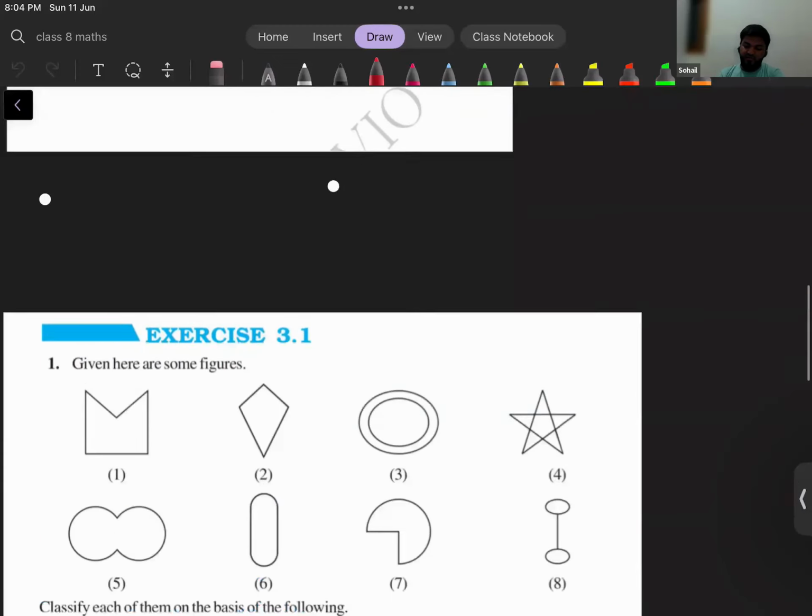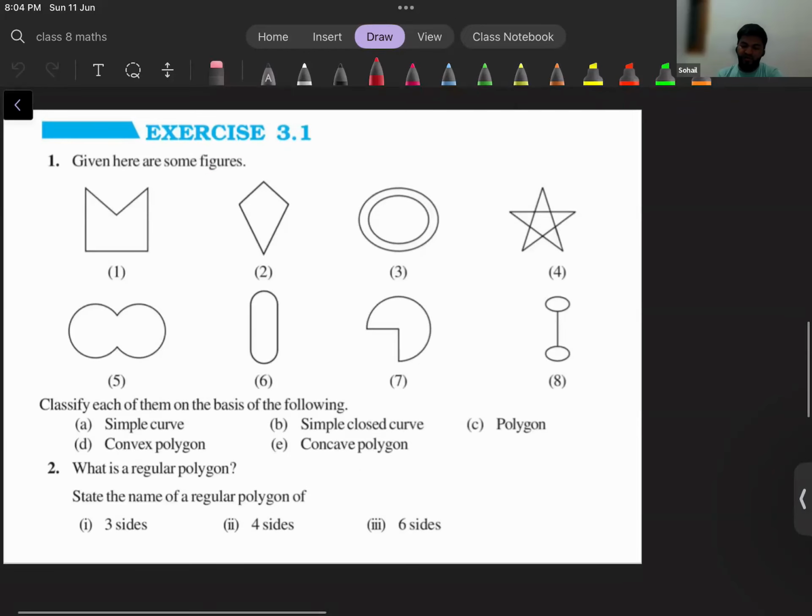Now coming to exercise 3.1 here. You are provided with some figures. Notice the figures here. You need to classify each of them based on the following: simple curve, simple closed curve, which one is a polygon, convex, and concave polygon. So which figures are simple curves here?